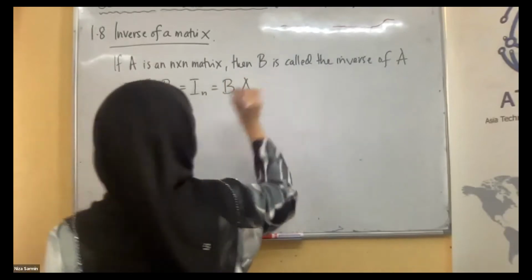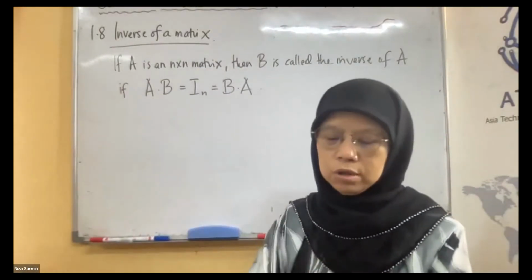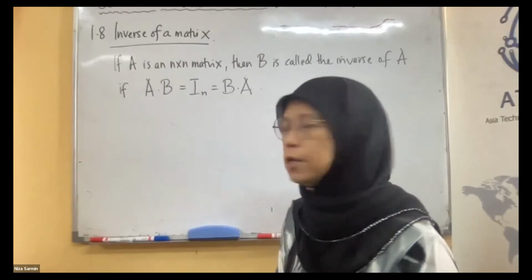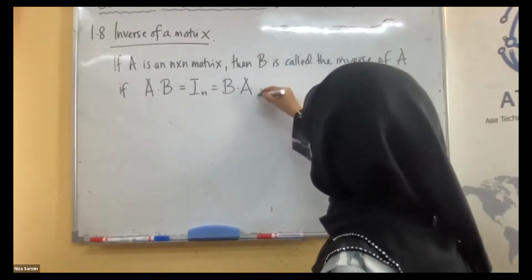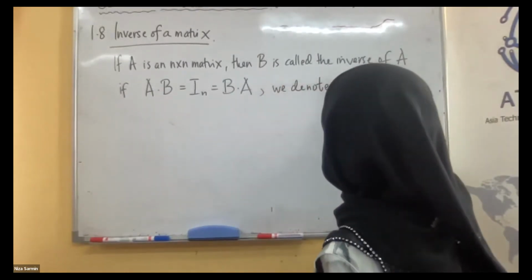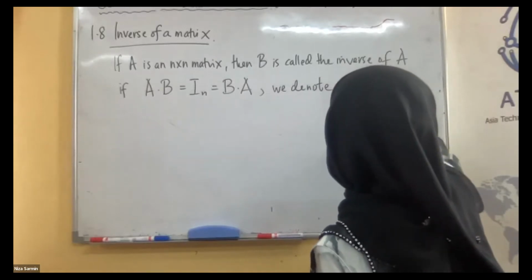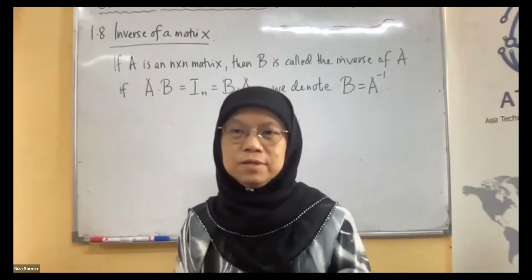And the same thing applies when multiplying on the right or on the left. We denote B, the inverse, as A to the -1. That's the inverse.